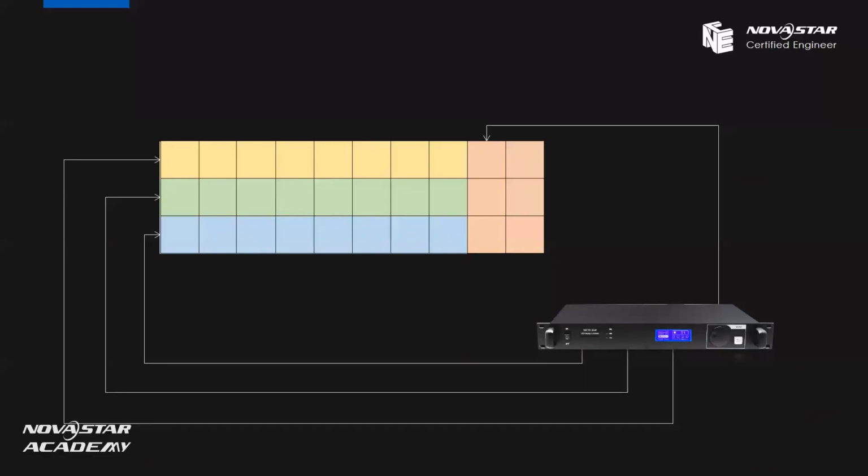All these are very basic but very important information for you to remember. I hope all of you got it. Okay, so this is the basic knowledge of a NovaStar control system.